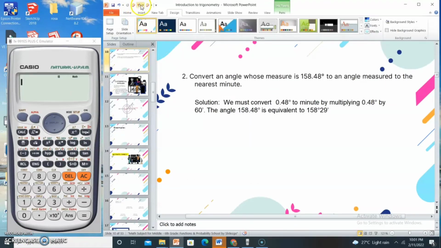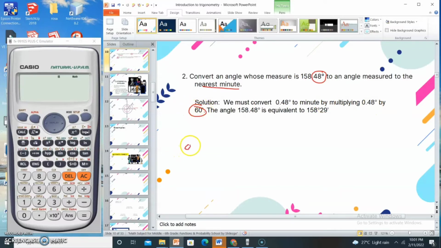So the second example: convert an angle whose measure is 158.48 degrees to an angle measured to the nearest minute. Solution: we must convert the 0.48 degrees by multiplying 0.48 by 60.